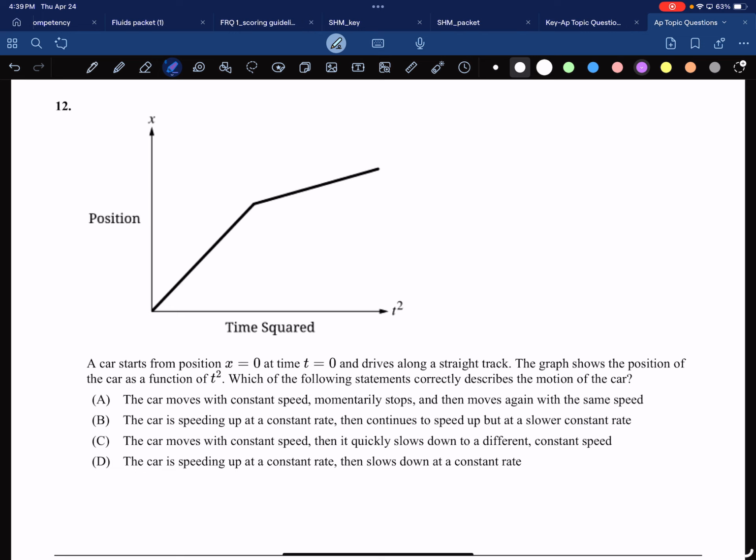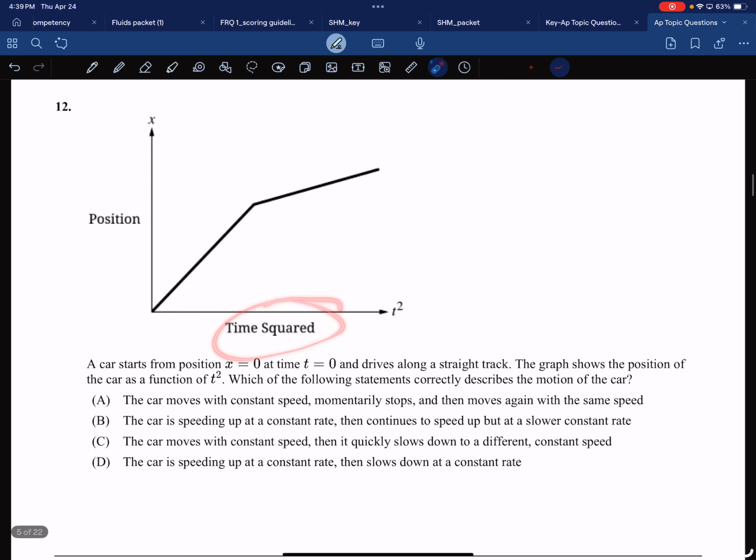All right, so looking at question 12, question 12 is going to have a position and time squared graph. So looking at this, we're not used to having a square in our axis. However, what should your mind immediately go to if you see a square or a square root?